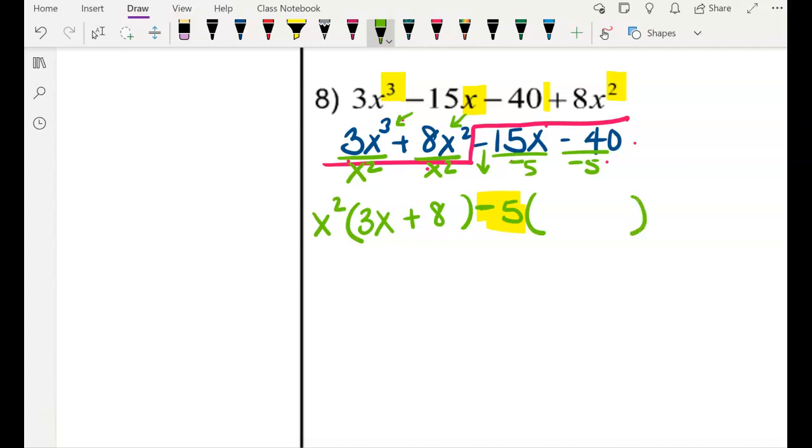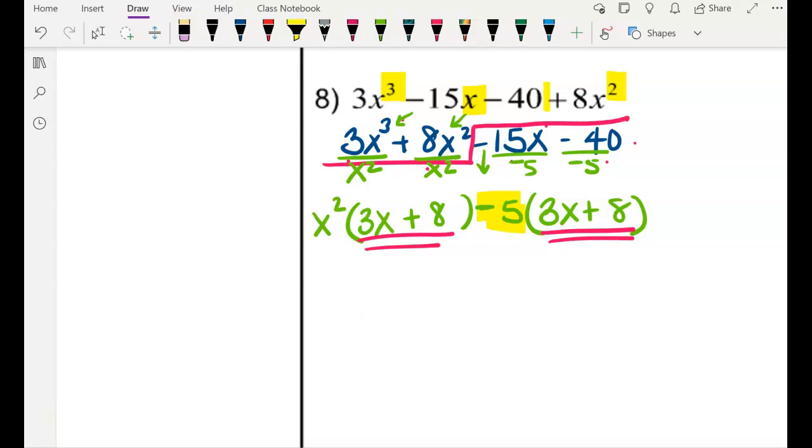Negative 15x divided by negative 5, students, is positive 3x, okay? Negative 40 divided by negative 5 is a positive 8. Now compare these. Are that quantity and this quantity identical? If they are, that's a common factor, so that means we do take that out.